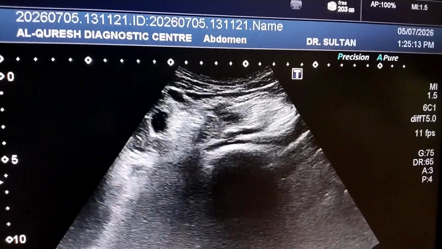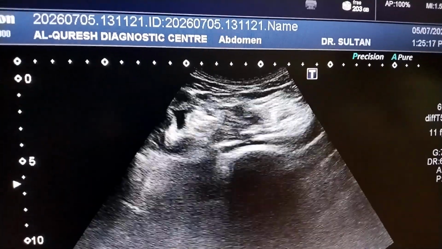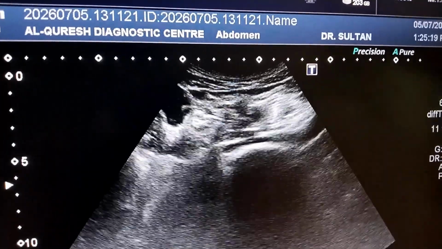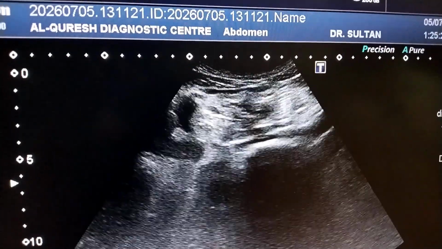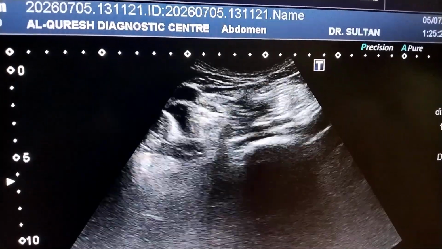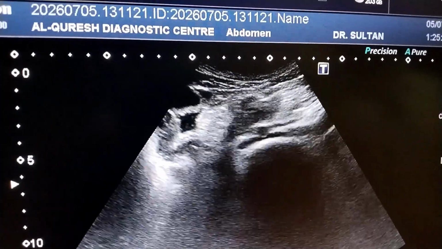Dear colleague, this is a 25-year-old patient with history of dysuria, urgency, increase in frequency, and burning during urination. So I'm going to scan the pelvic region for the urinary bladder.